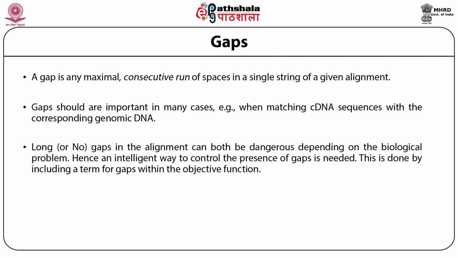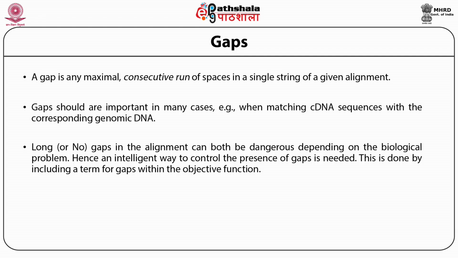Long series of gaps, if you see that in an alignment, or sometimes when there are no gaps in an alignment, both cases can often be rather dangerous, and something is wrong there, so be careful when you see such things. For biological reasons, not necessarily computer science problems here, often one would like to have a control on the number of gaps and how they are adding.